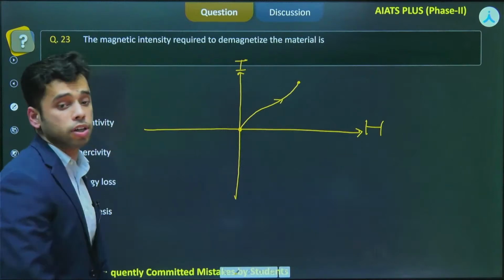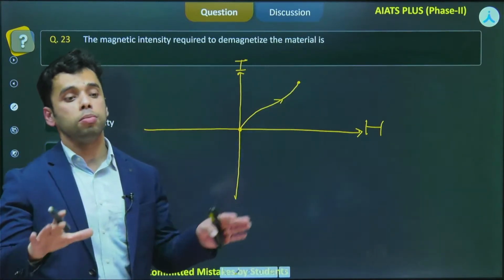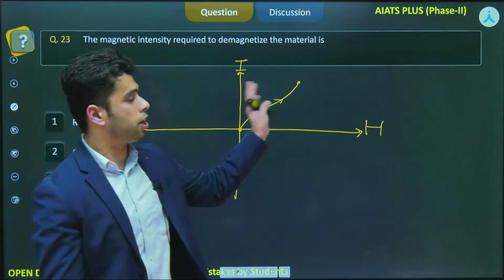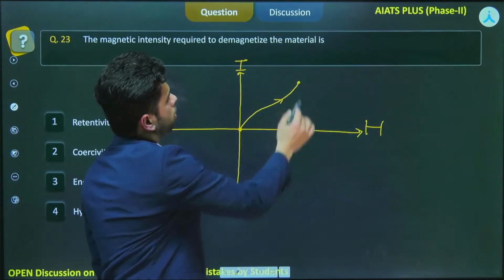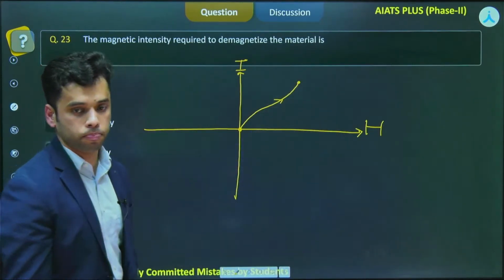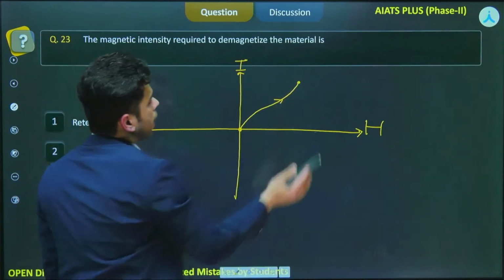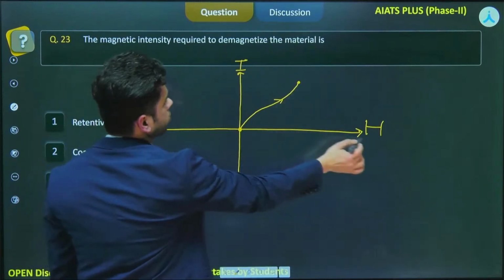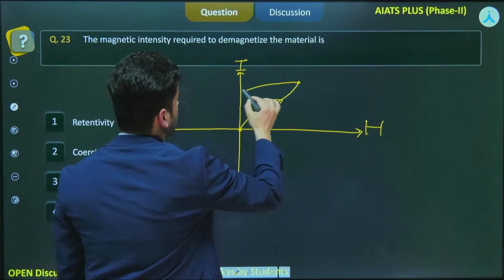I'm trying to draw the hysteresis curve. At the saturation point, all the domains are aligned. We say that the saturation condition has come, right? As you increase the field, there comes a point where you get saturation. Now from this point, if you decrease the magnetic field intensity, the graph will be something like this.